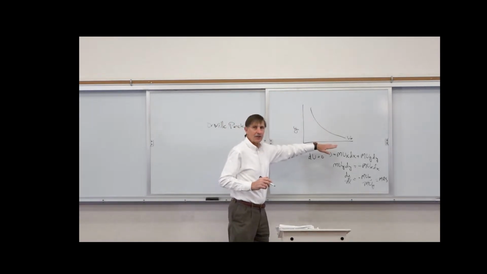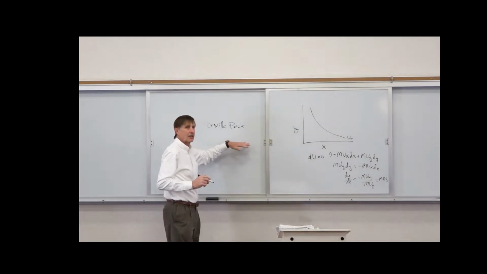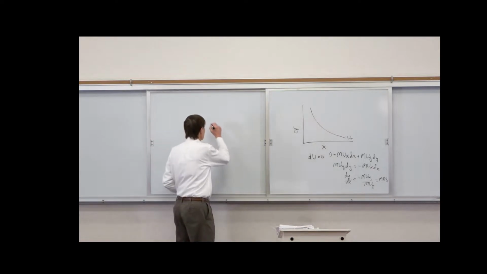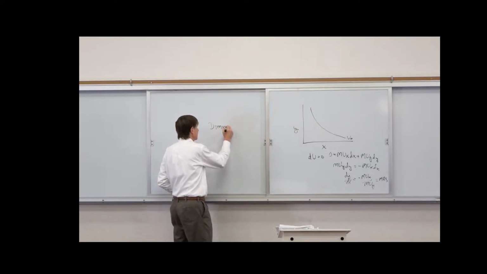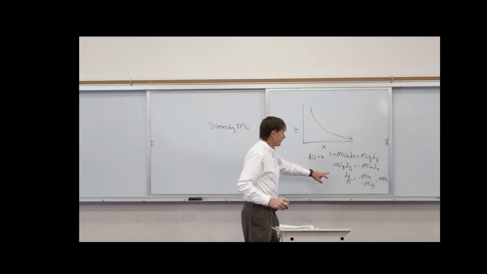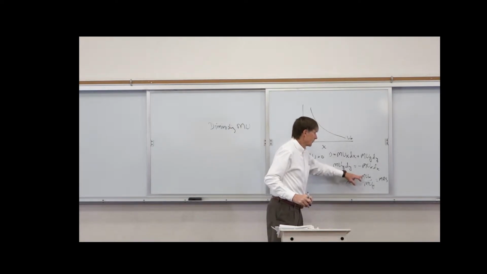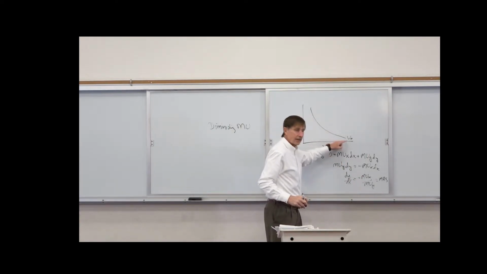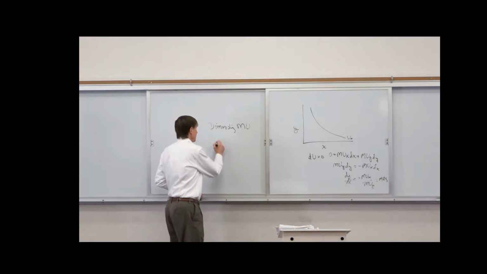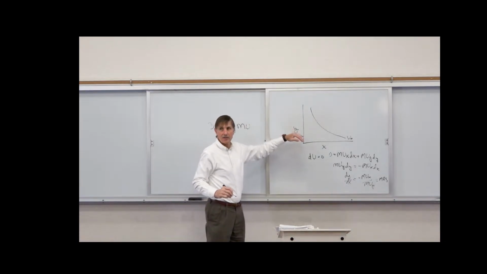Why does it have that shape? It has that shape because in 202 you assume diminishing marginal utility. If you have diminishing marginal utility, and you notice this is the slope, as you get more x and less y, the marginal utility of x is going down and the marginal utility of y is going up. That means the slope is getting flatter.